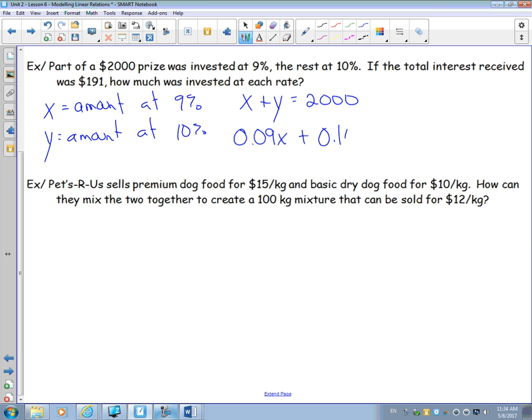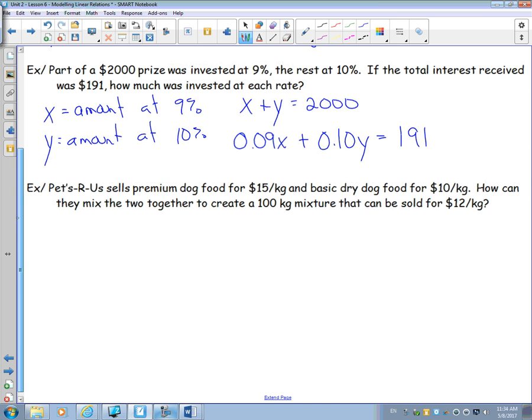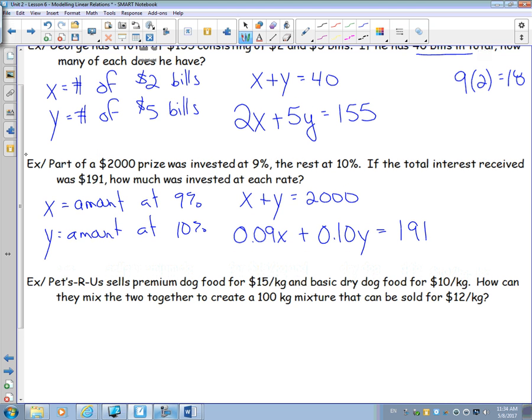So I get 0.10, or just 0.1 if you want, times Y. And the total amount of interest I earned was $191. So like the last question where I had $2 for every number of these, now I'm getting 9% for every amount of these. It's the same idea, just different format, different words. Let's try the third one.